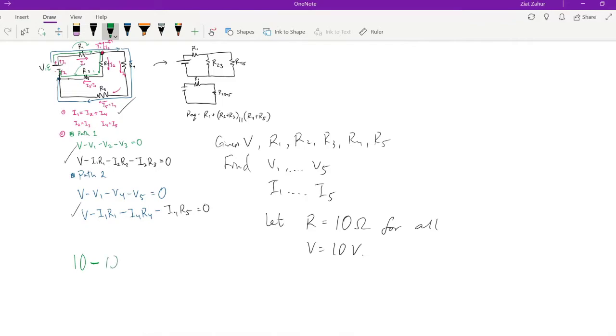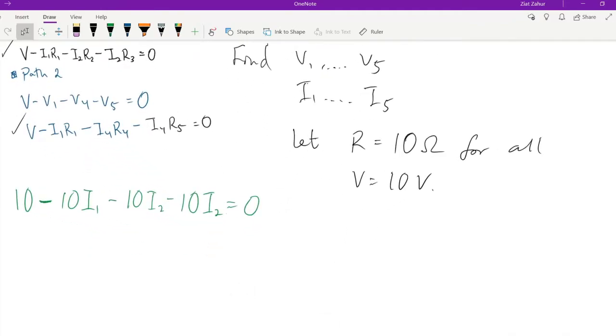R1 is 10, so 10 I1 minus 10 I2 minus 10 I2 again, equals 0. So that's the green equation. We can simplify this. We get 10 minus 10 I1 minus 20 I2 equals 0.